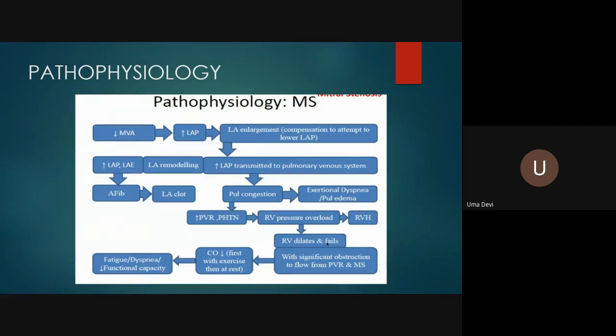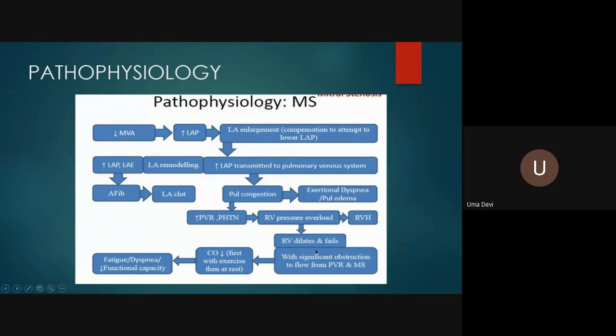What are the signs of right ventricular failure? Clinically, how will you make out? Bilateral pitting pedal edema, congestive hepatomegaly, raised JVP, and all the features of congestion. So you know that it is full-blown right heart failure.